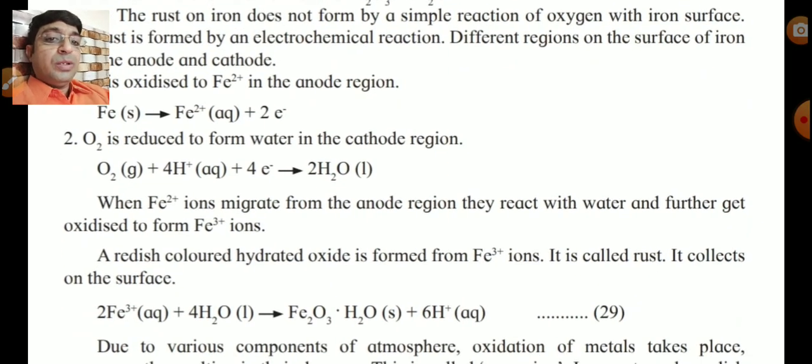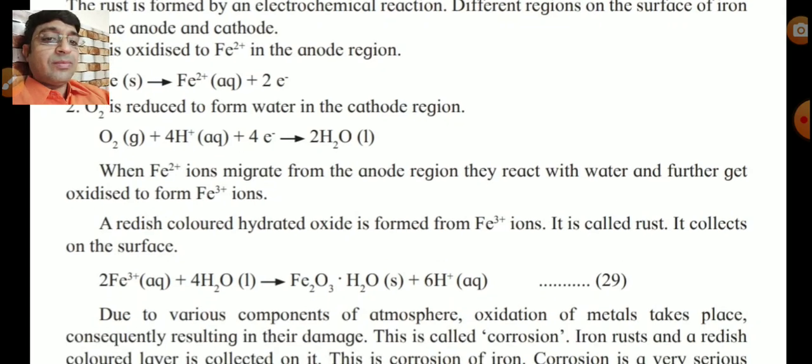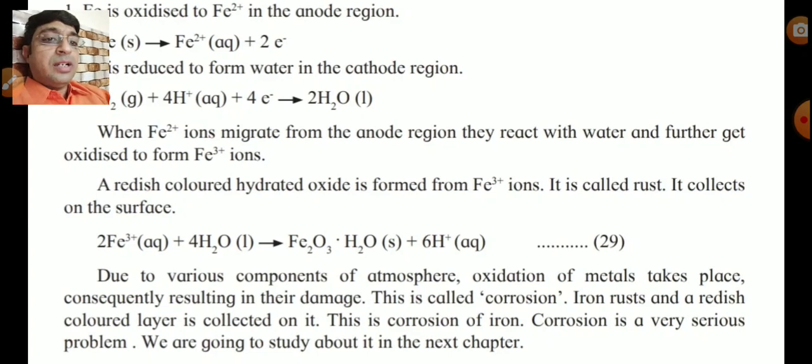When Fe2+, the ferrous ions, migrate from the anode region, they react with water and get further oxidized to form Fe3+ ions, the ferric ions. A reddish colored hydrated oxide is formed from Fe3+, the ferric ion. It is called rust. Underline.